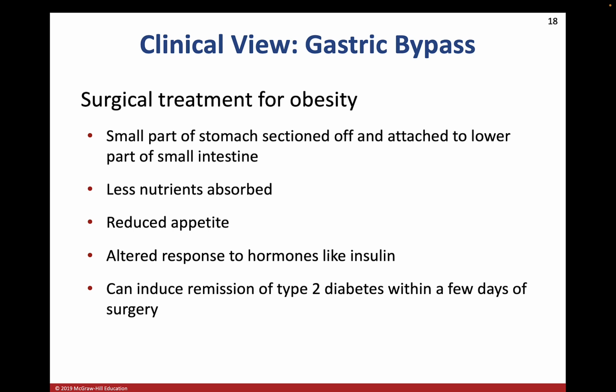And one thing that we do see in individuals that undergo this procedure, generally, if you are morbidly obese, you have type 2 diabetes. What happens as a result of this procedure is a remission of type 2 diabetes, and this happens within a few days of the surgical procedure.